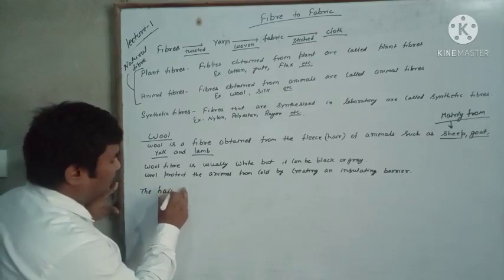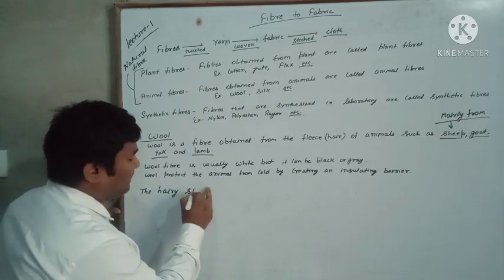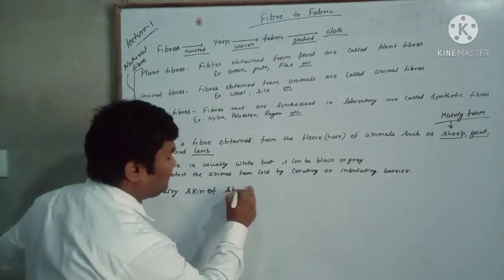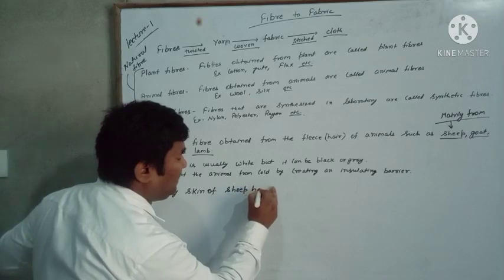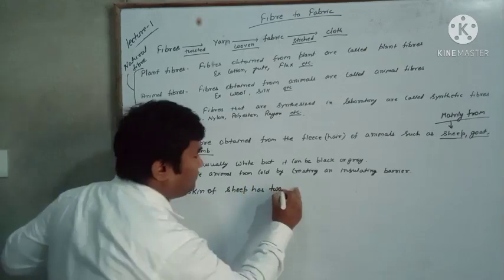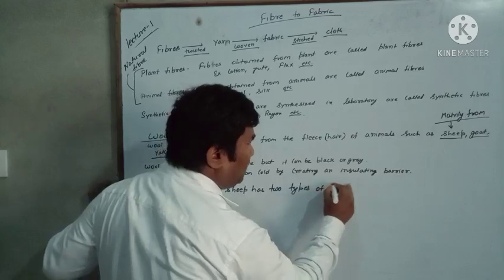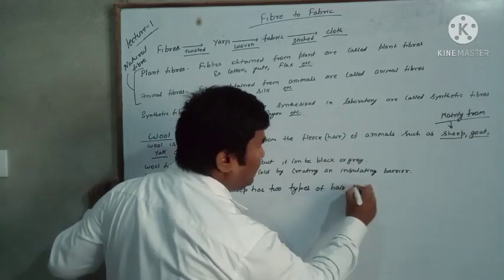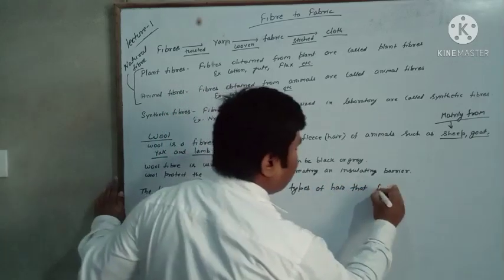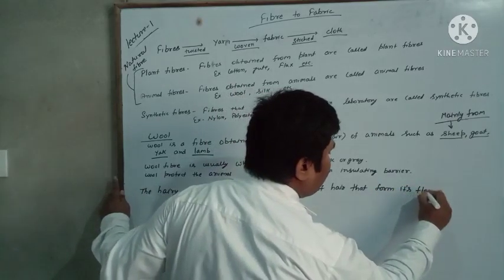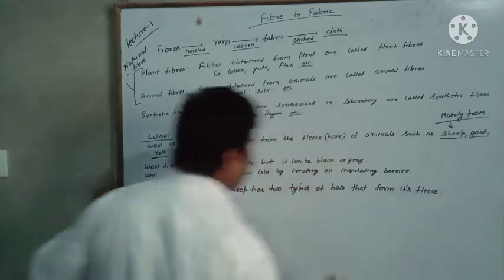The hairy skin of sheep has two types of hair that form its fleece.